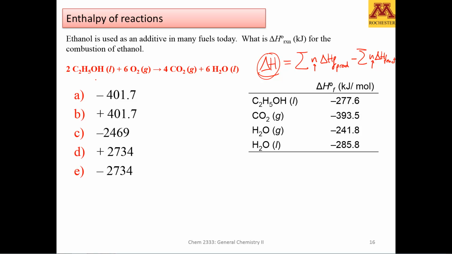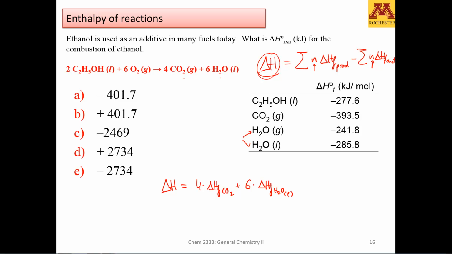In this case, we want to know the change in enthalpy for the burning of ethanol liquid. So the change in enthalpy of this reaction, sorry, it's not the formation anymore, will be the addition of the enthalpies of formation of these. So let's start: 4 times the enthalpy of formation of CO2, plus 6 times the enthalpy of formation of water, and careful here, it's water liquid.